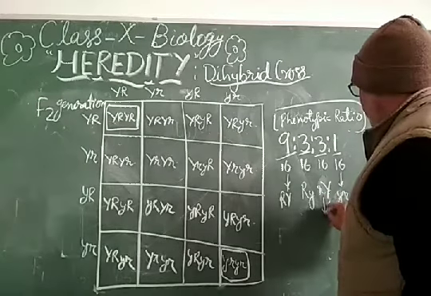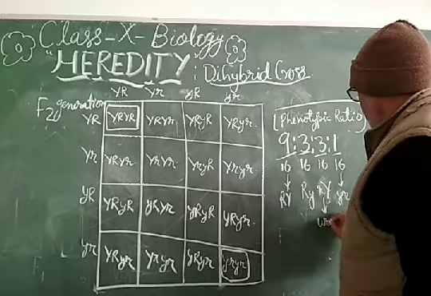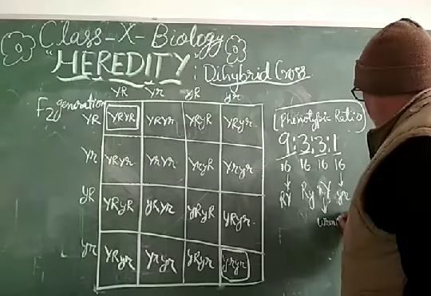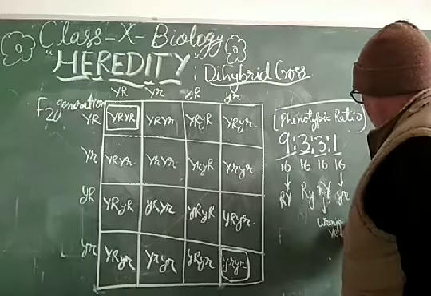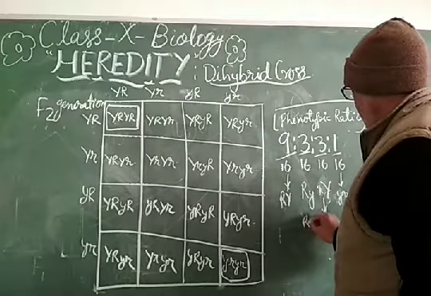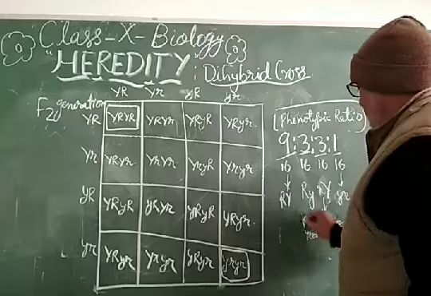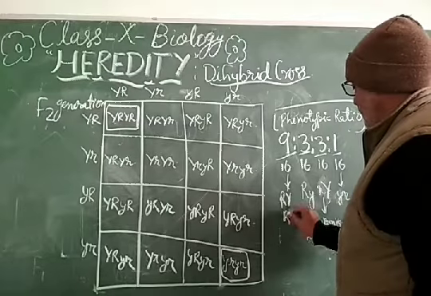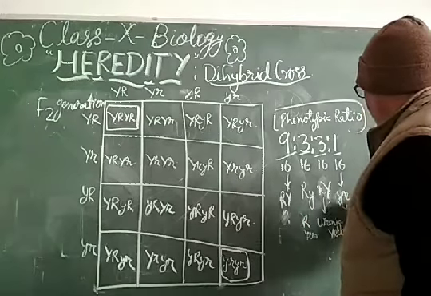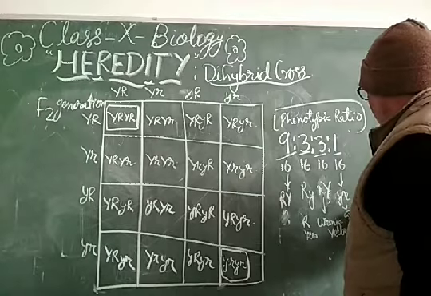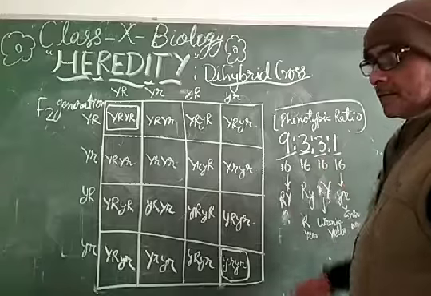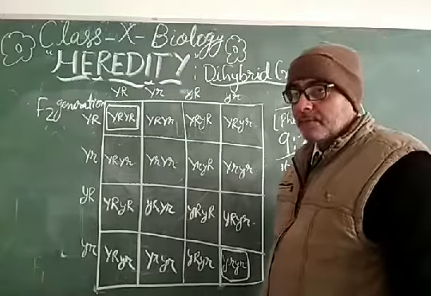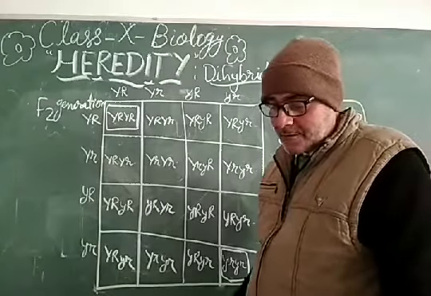So this is the wrinkled yellow, round yellow, round green, and this is the green wrinkled. So these are the ratios which were found by Mendel in the dihybrid cross experiment.